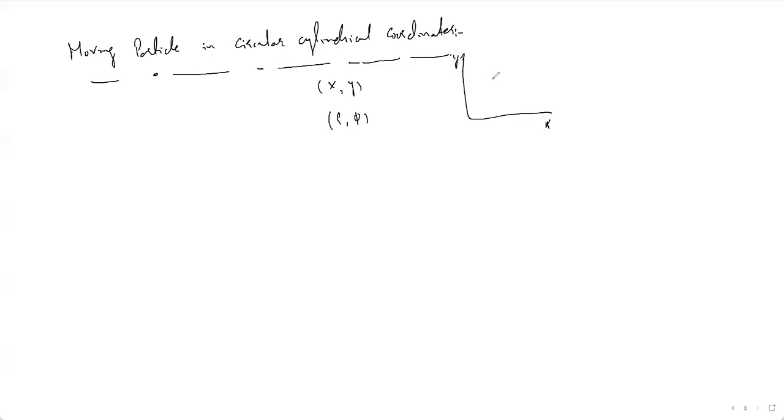How will I write the kinetic energy? The kinetic energy in two-dimensional Cartesian coordinates is given by 1/2 m of x dot squared plus y dot squared.